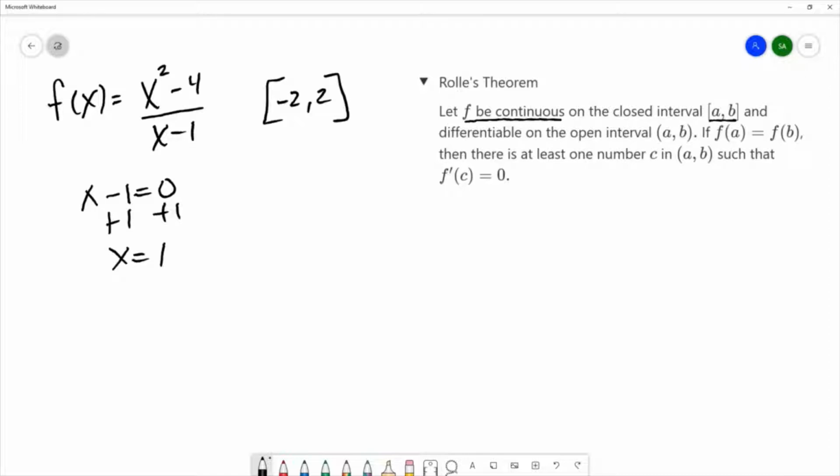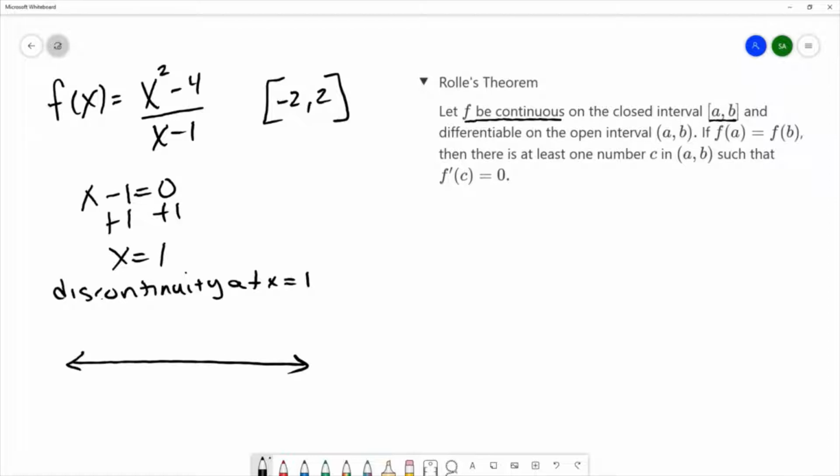So this rational function f of x will have a discontinuity at x equals 1. And the interval that we're working with is from -2 to 2. If we think about that on the number line, -2 to 2 is here, and this is the interval that we're working with.